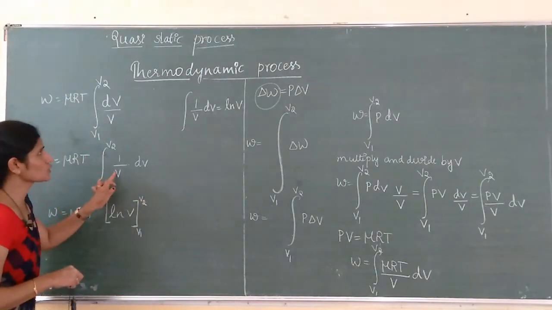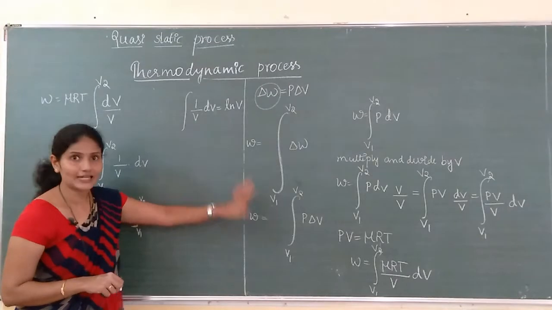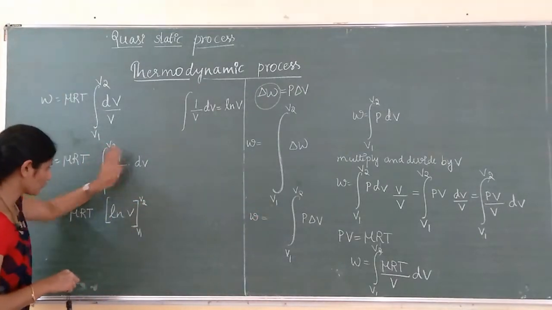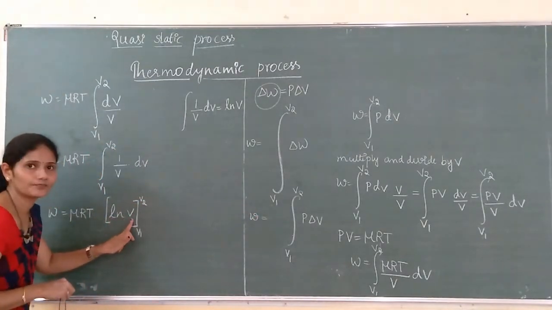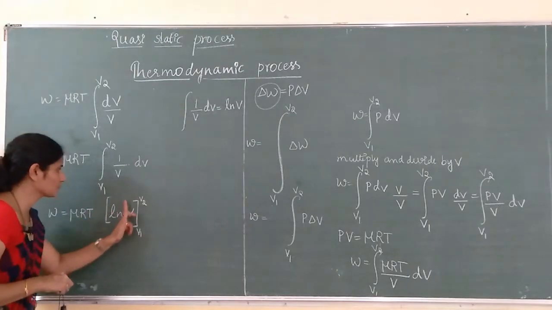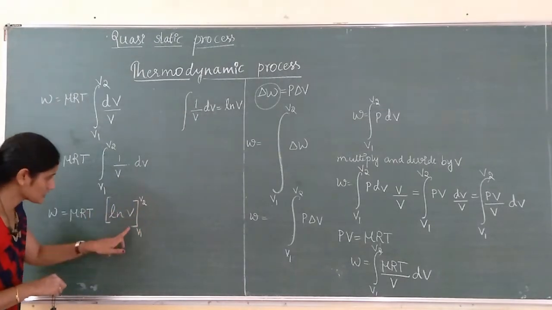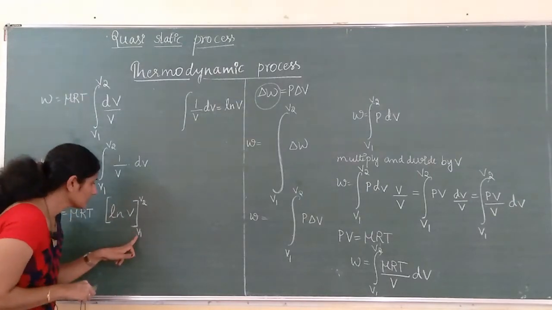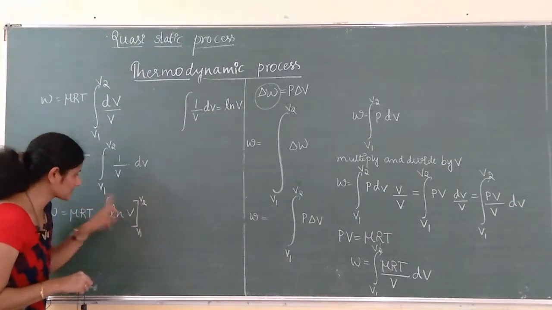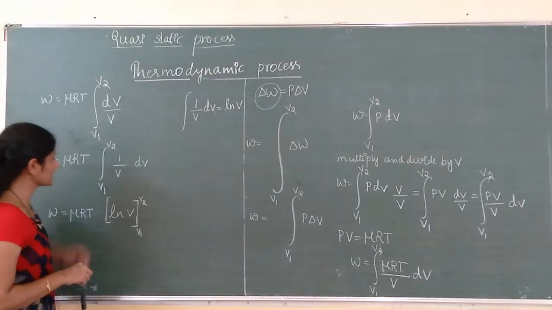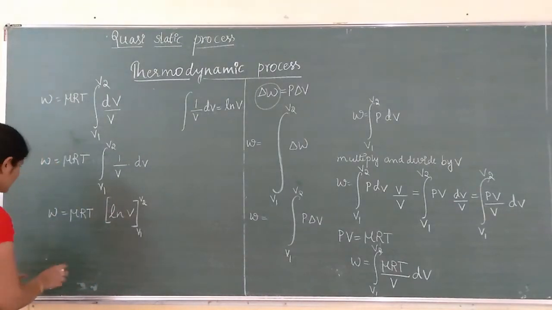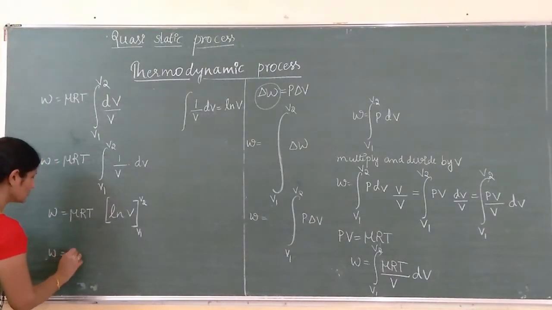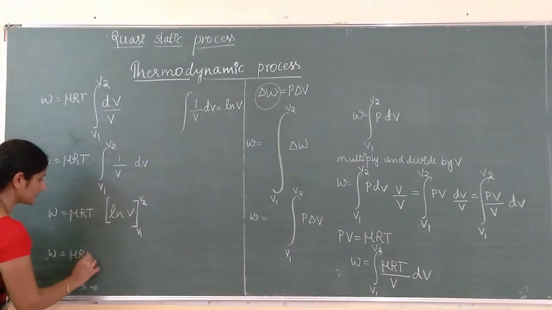So, integration of 1 by V is ln V, and then you have to place one square bracket. After that, you have to write the lower and the upper limits. Lower limit is V1, upper limit is V2. So, W is equal to mu RT.